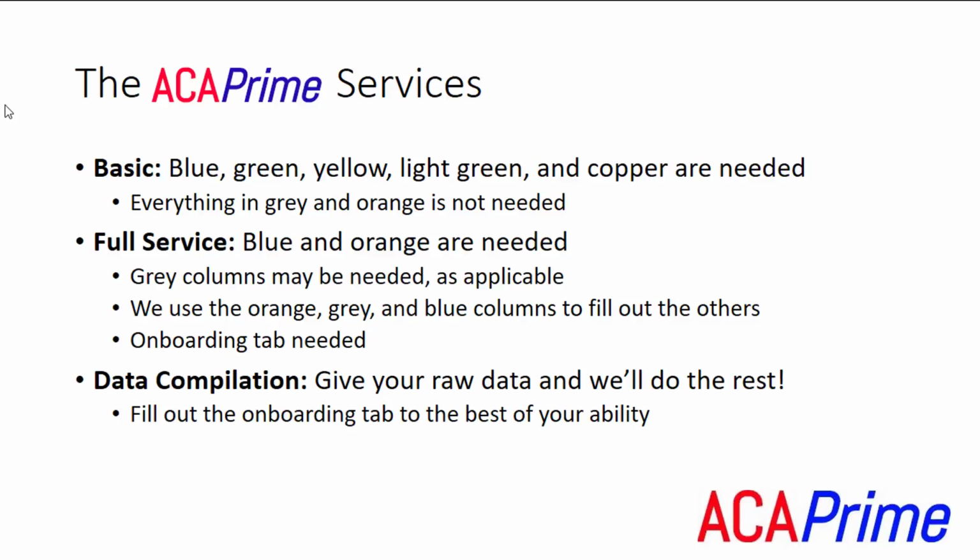The full service includes the automatic calculation, and only the blue and orange columns need to be filled out, but gray columns may be needed as applicable. The data compilation services is where you would give us your raw data and we'll just do the rest for you. In both the full service and data compilation services, you'll need to fill out the onboarding tab as well, which will be described later.